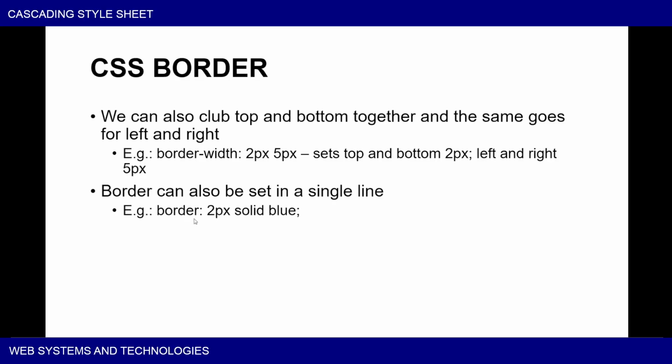Let's say for example, gusto mo border, so you don't need to put width doon. So gusto nyo lagyan ng border na blue, tapos solid yung line na gagamitin mo, and may kapal siya na 2px. You can do is 2px solid blue.